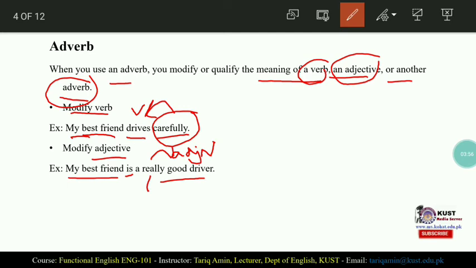The adverb really does not modify the verb is, but it modifies the adjective good. We can say that my best friend is a good driver, but we have modified the adjective good with the word really. So really is an adverb in this example.